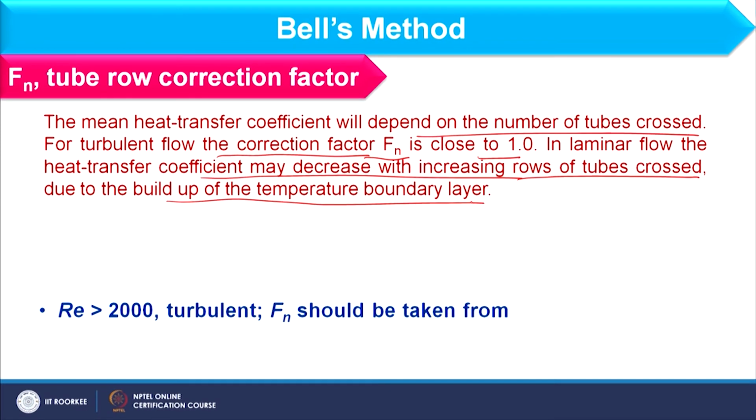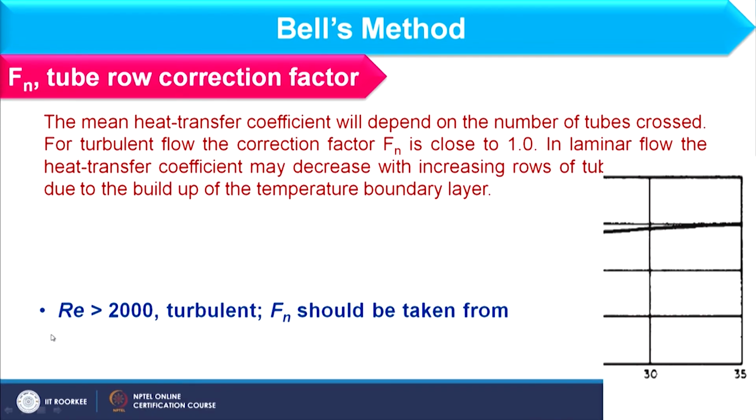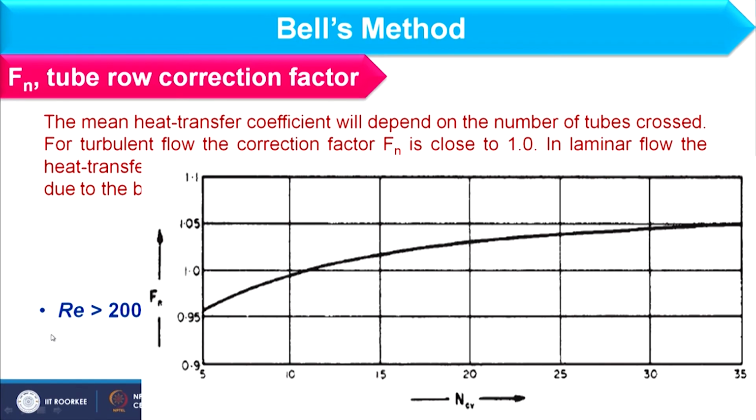It will depend on the Reynolds number. So, if Reynolds number is more than 2000, we consider that as turbulent region in shell side, right. So, in that case Fn can be computed from this curve, where first of all you have to find out NCV, and so you can calculate Fn.